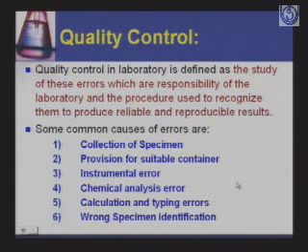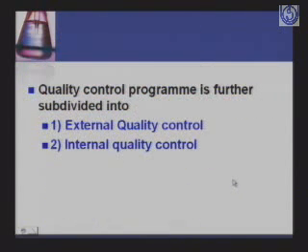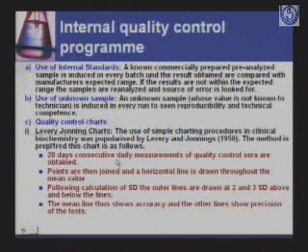Then chemical analysis error, calculation and typing errors while doing it manually, and wrong specimen identification. These are some of the commonly occurring errors, and to avoid them, the quality control program is further subdivided into external quality control and internal quality control.